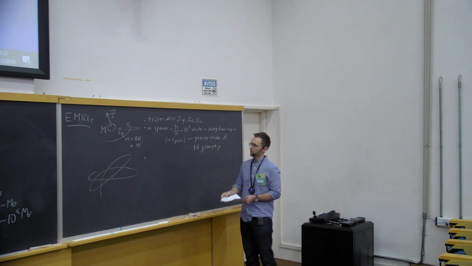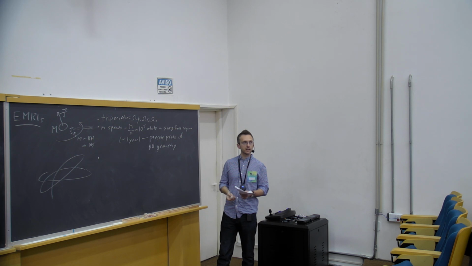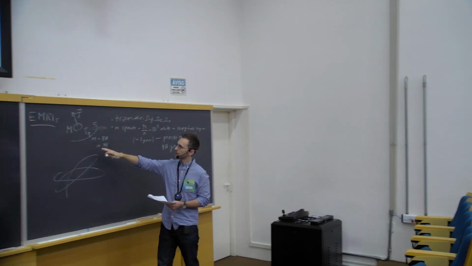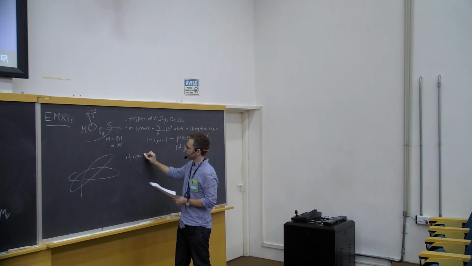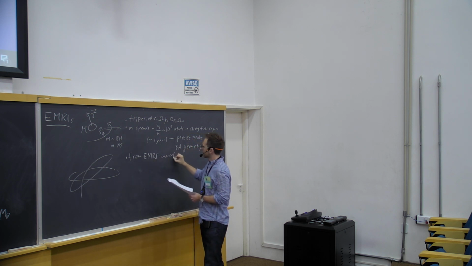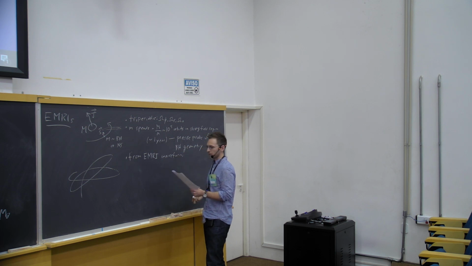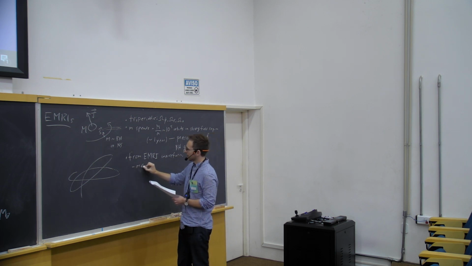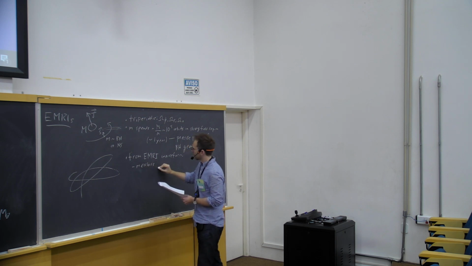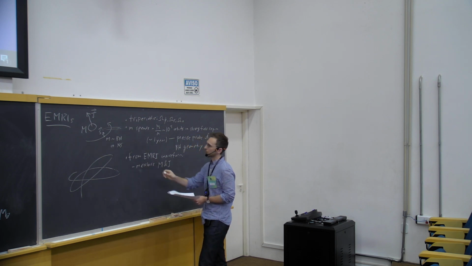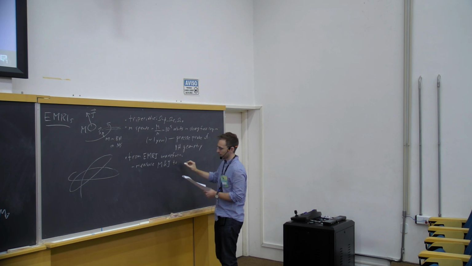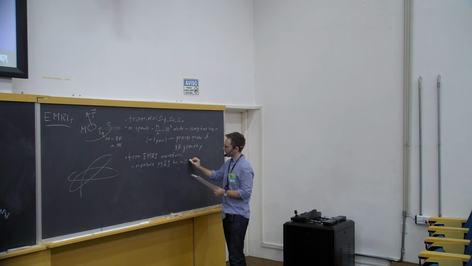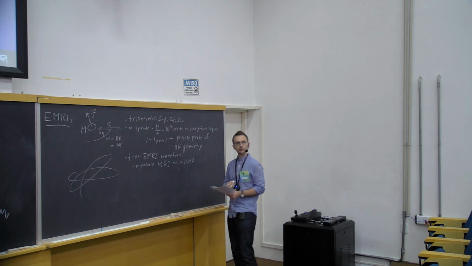Now, if we can detect the waveforms that come out of a system like this and accurately relate those waveforms back to the source that generated them, we can learn a lot of things. So from the EMRI waveform, we can measure M and J, the parameters of the big black hole, very accurately, to about 0.01% relative error.